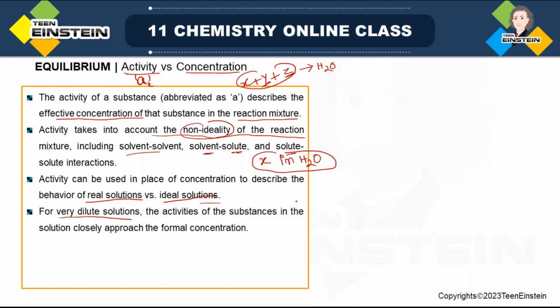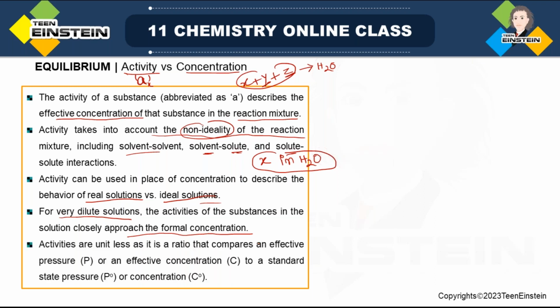So interaction will be less and less. So that is the reason for very dilute solution, activities of the substance can closely approach the formal concentration. Fine. And mostly we deal with very dilute solution. So even if you do not use activity, it is fine. But we should know what is the difference between these two terms.